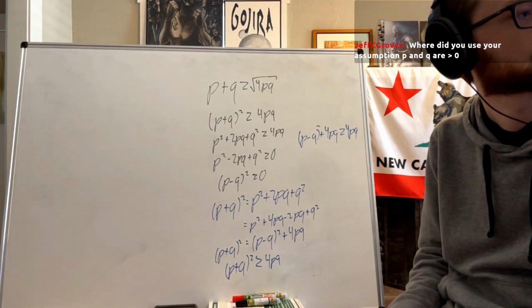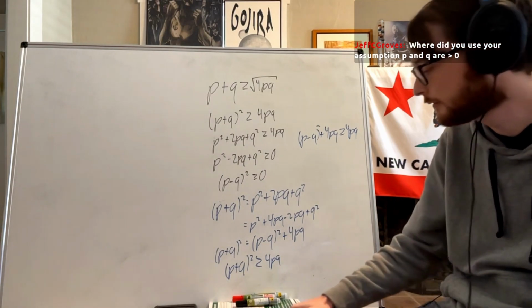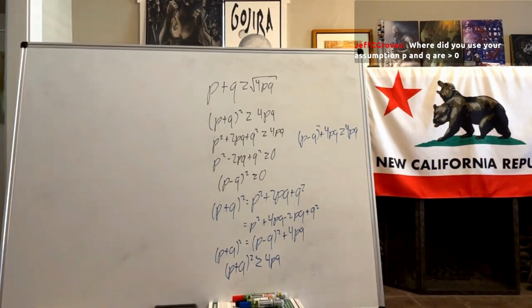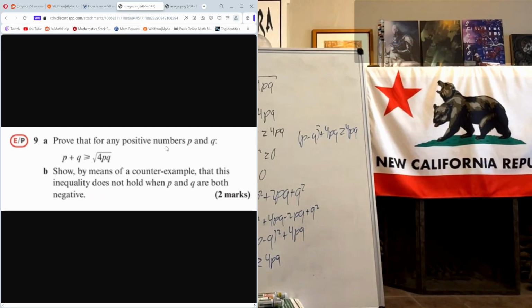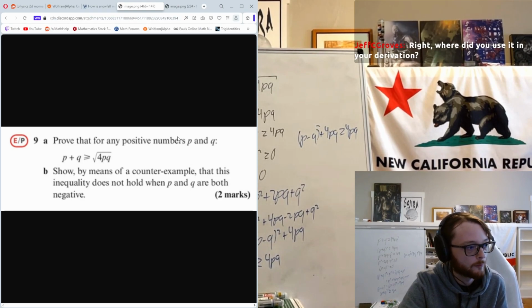When you use your assumption, it's not an assumption, it's given in the problem that P and Q are positive numbers. Positive numbers P and Q. I didn't actually state it, but I guess I verbally said that P minus Q squared must be greater than or equal to 0 because of this positive number thing.